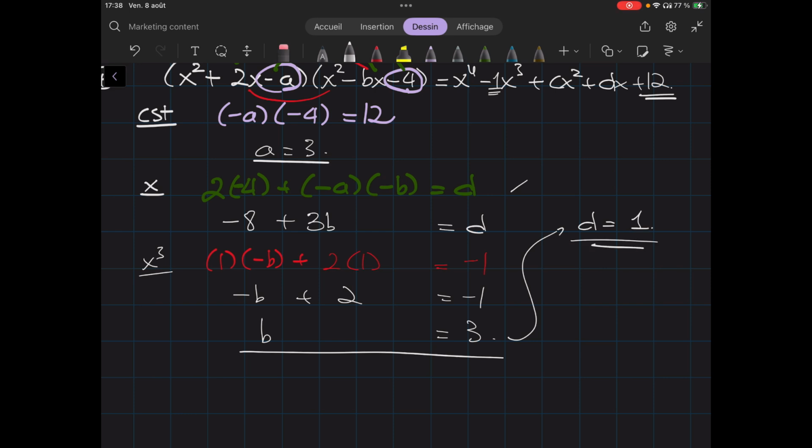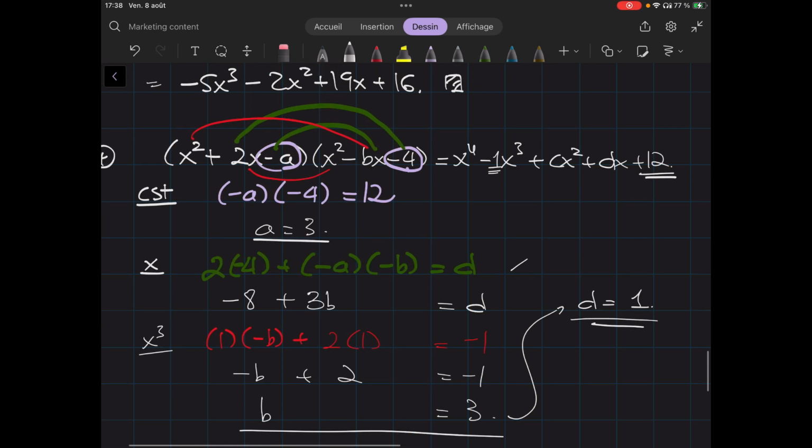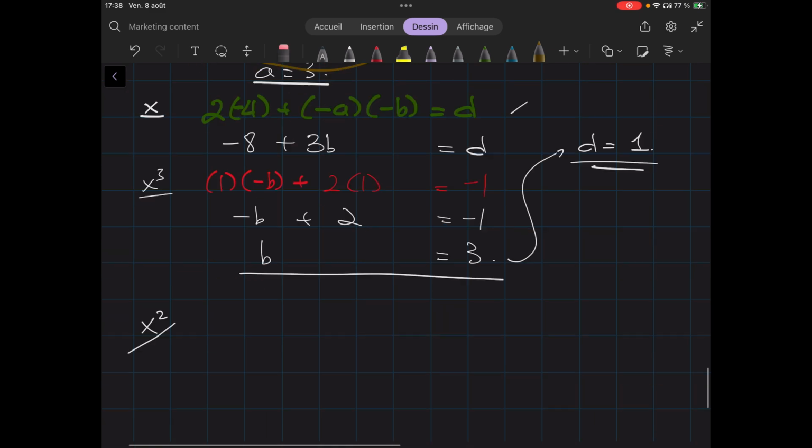Last but not least, let's find C, x squared. If we look at the coefficient of the x squared term, how many ways can we get it? We have -a times x. We have 2x times -bx. And we also have -2 times -4.